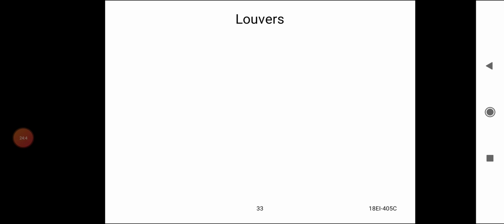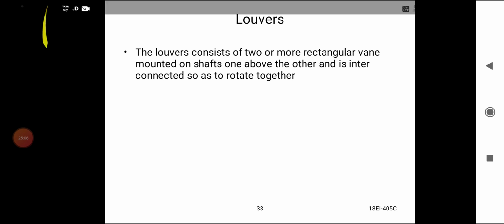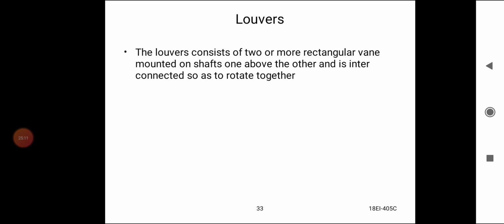Louvers. The louvers consist of two or more rectangular vanes mounted on shafts, one above the other, and interconnected so as to rotate together.